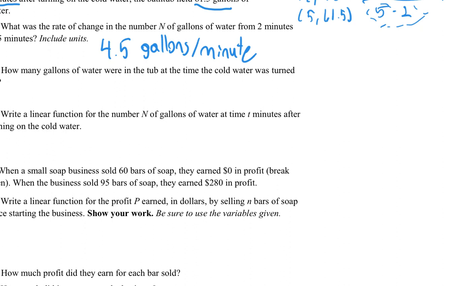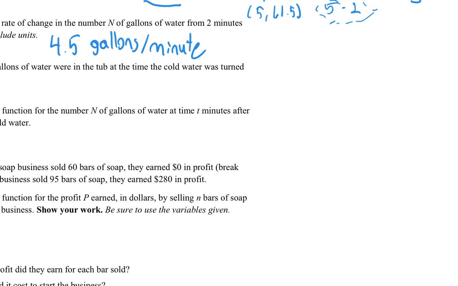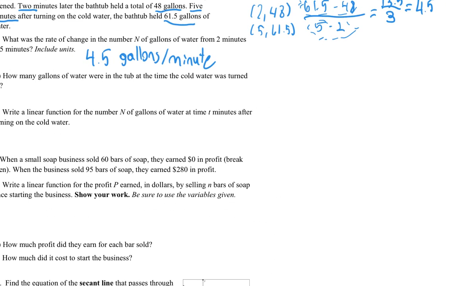Okay. Next question is, how many gallons of water were in the tub at the time the cold water was turned on? Well, I'm going to think about this like a line. There's some amount that we had at the start. 2 minutes in, we had 48, and 5 minutes in, we had 61.5.